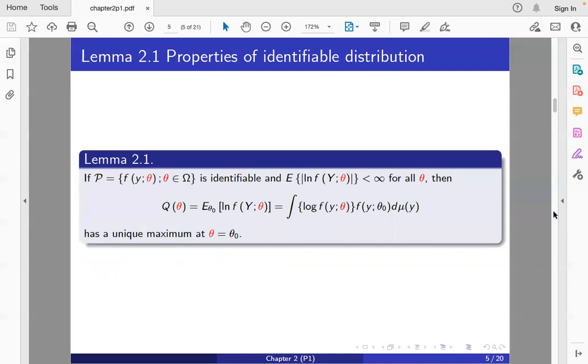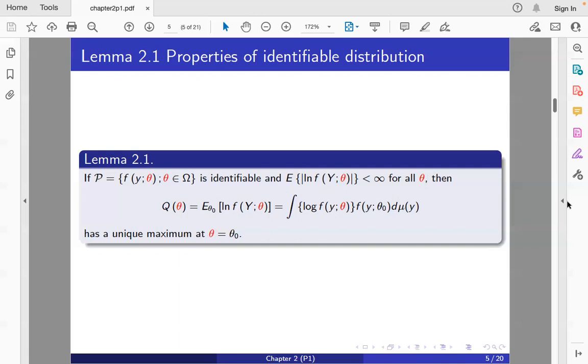On the identifiable model, we have a very interesting result. The condition is that the model class is identifiable and some moment exists, which basically means Q theta is a finite value. This is a function where we take the expectation of the log density.